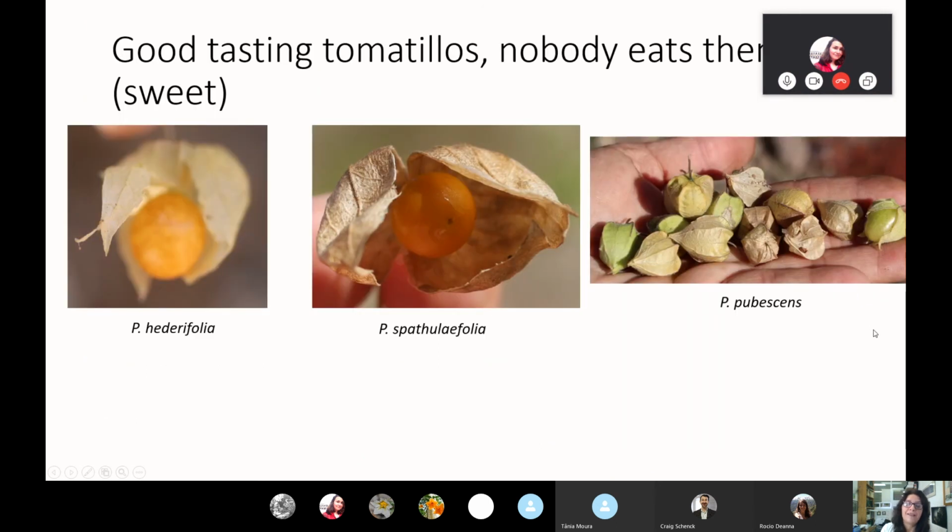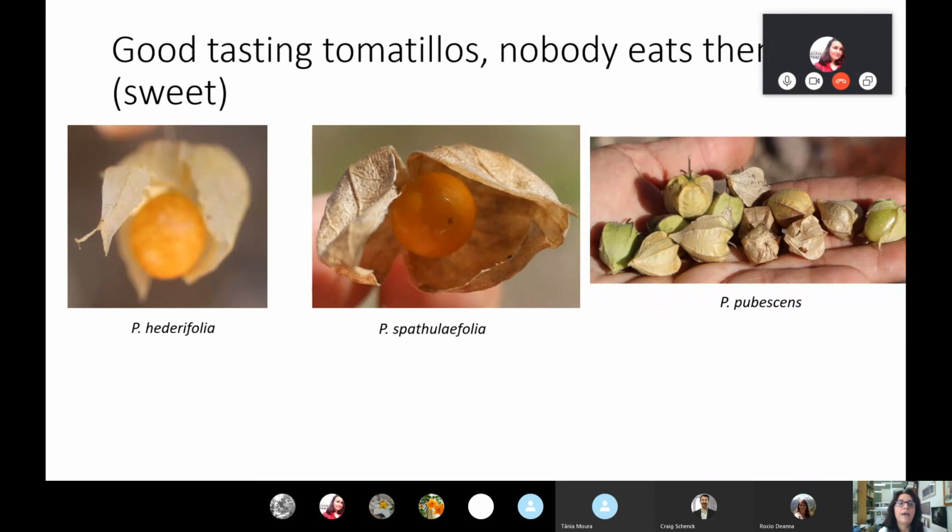So now that I have been trying different species, which I had never done before, I have been eating the fruits of the plants I'm gathering, and I was amazed to find that species that are not eaten in Mexico, Acerifolia, the one from the sandy beaches, Patulifolia, which you have in the United States also, and pubescens, which is frankly a widespread weed, all have very nice tasting fruits.